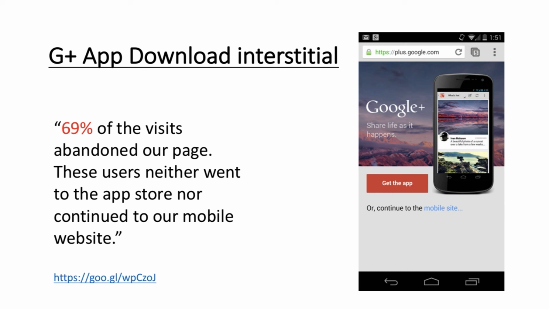And I'm pretty sure that this is not the only thing on the web that has been going through this. So G+ obviously dropped theirs once they saw the above data.